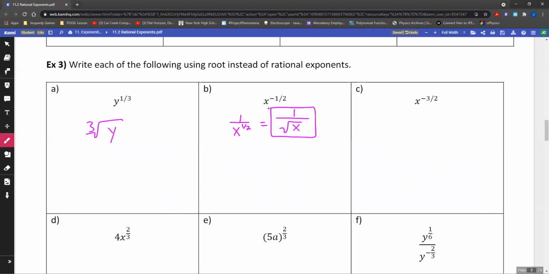All right, because my whole exponent is negative, this is now in the denominator. The 2 in the denominator tells me this is going to be a square root. Oh, sorry, that should be a positive 3. And my power is still 3. So I end up having that.